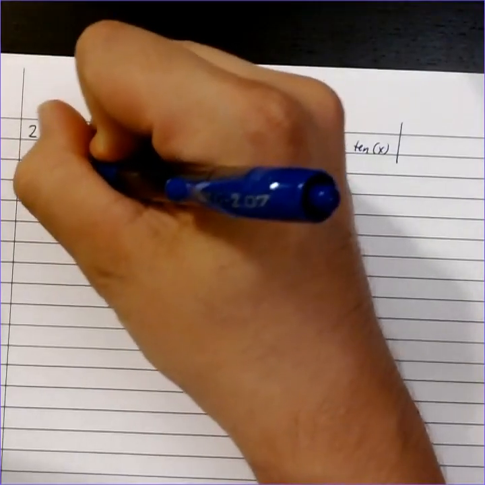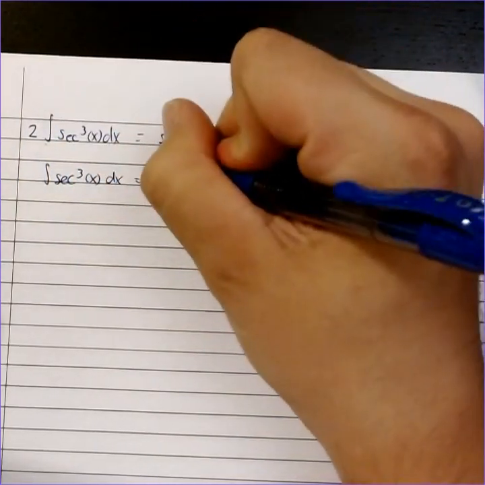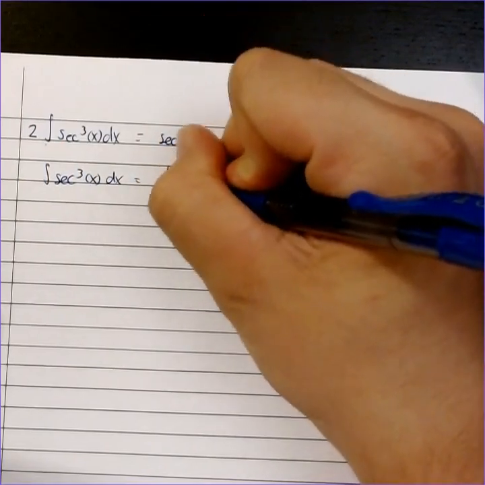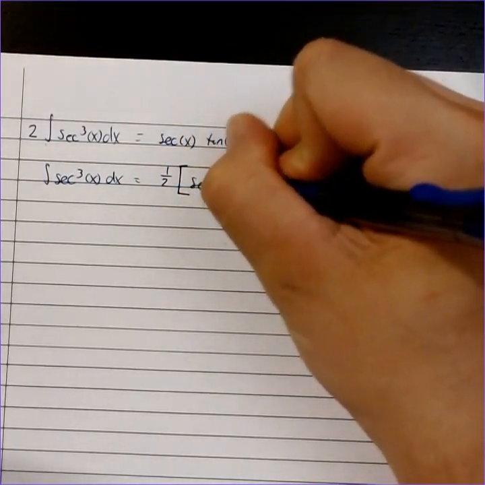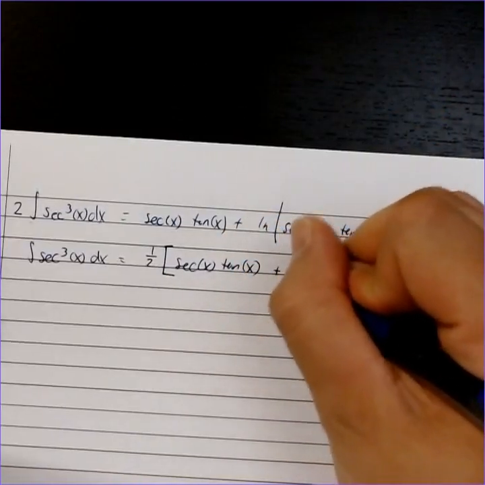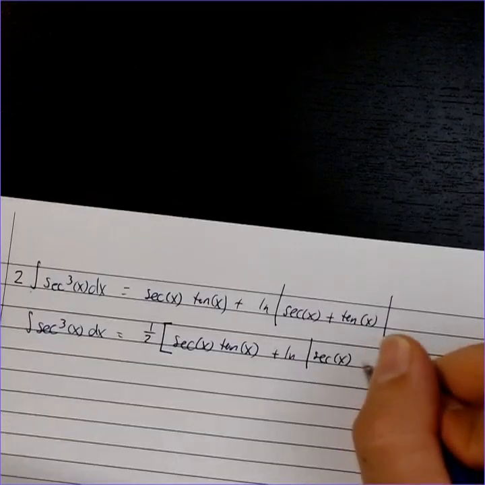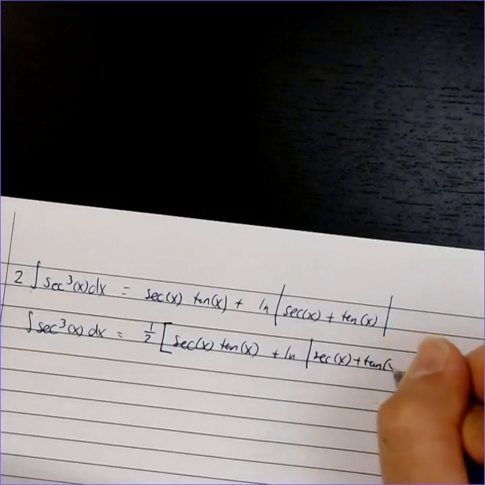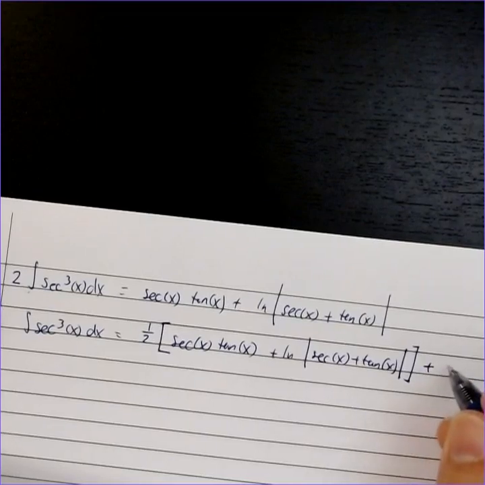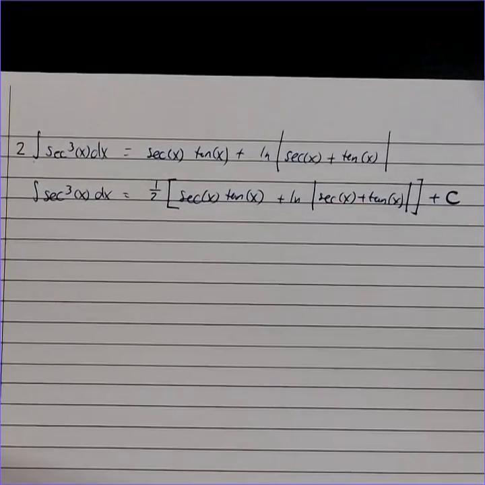So here we get that the integral of secant to the third of x dx is equal to 1/2 times the secant of x tangent of x plus the natural log of the absolute value of the secant of x plus the tangent of x, plus our constant of integration for that nice minty smell. And that's our result.